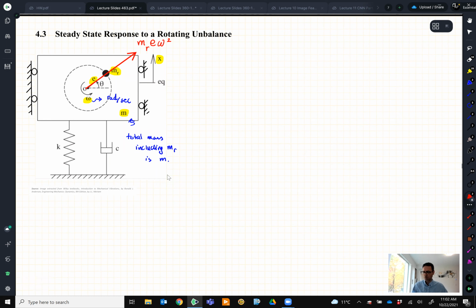Now, if I look at this system, there is no motion in the horizontal direction. I'm only interested in the vertical direction. So why not find the component of this force in the X and Y direction, or in the vertical and horizontal direction. So let's quickly do that one.